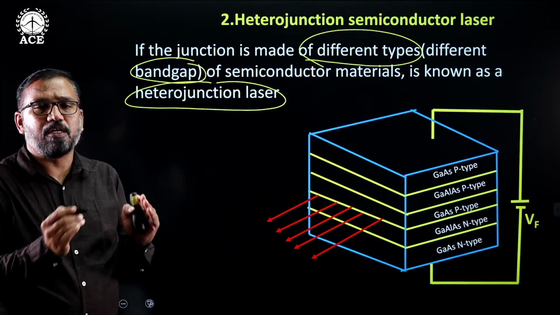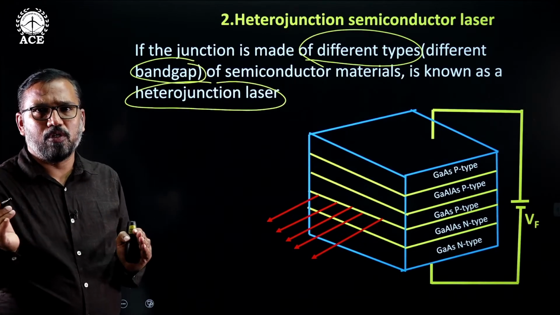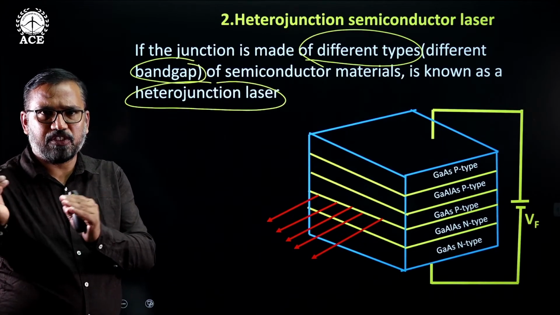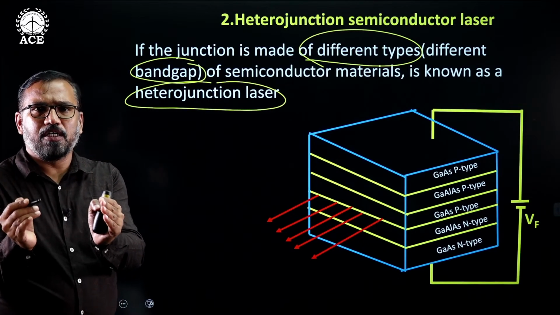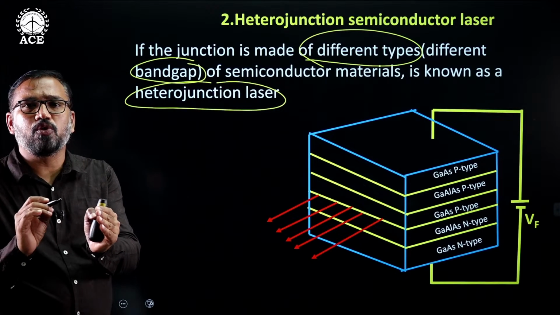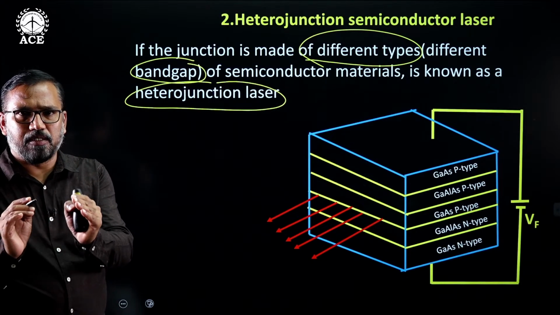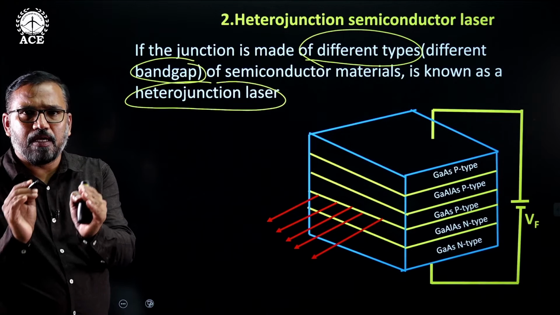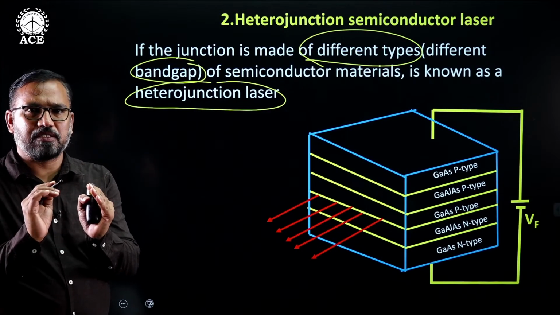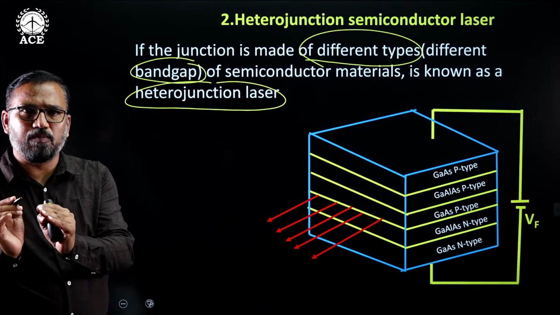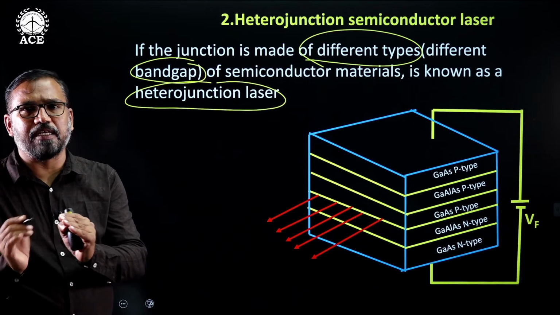At a particular forward current this happens, and that is the threshold current density. When stimulated transition starts, only then do we get lasers.